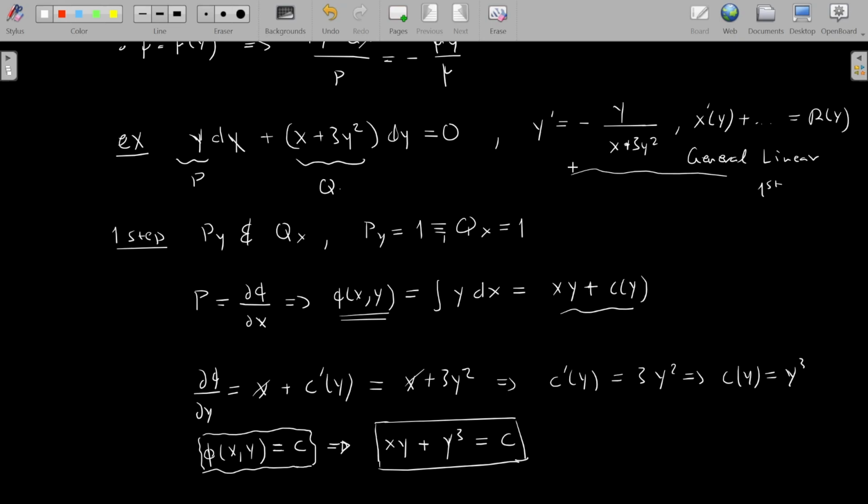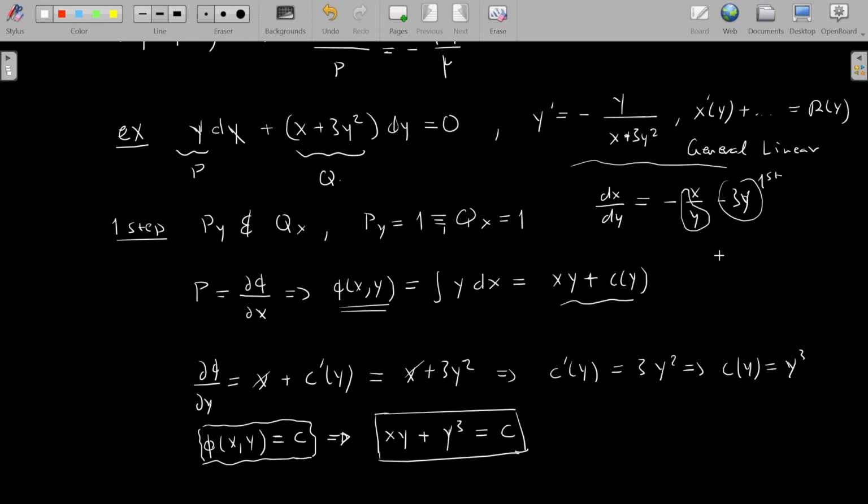One could easily see that this can be written as dx over dy is equal to minus x over y minus 3y, and this would be your R_y in this particular case, and this would be your P_y, like we said in the general linear differential equation course.